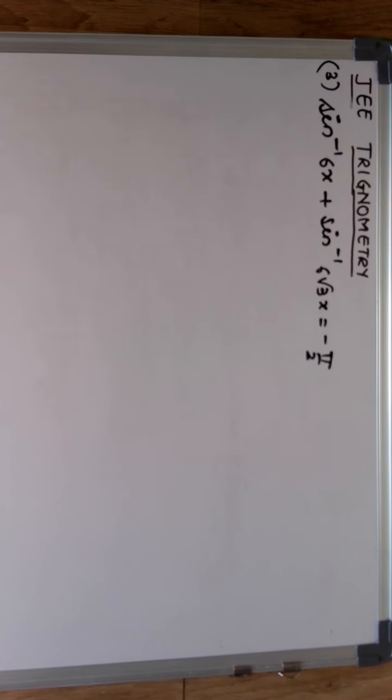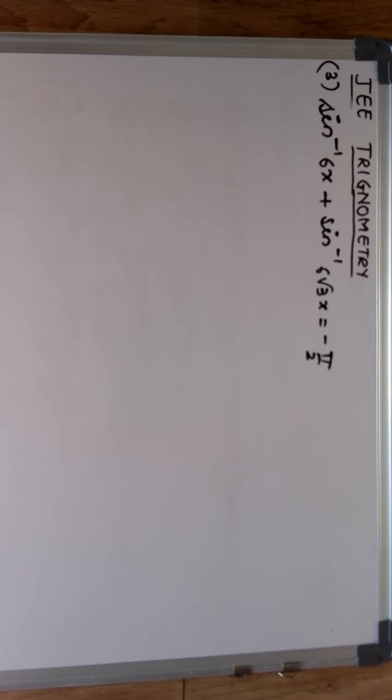Now coming to the next question, it says sine inverse 6x plus sine inverse 6 root 3x is equal to minus pi by 2. Agreed? Obviously, unless and until I get rid of this sine inverse, I will not be able to solve. So first I saw one thing over there, which is pi by 2.